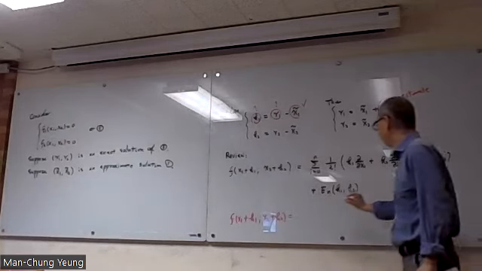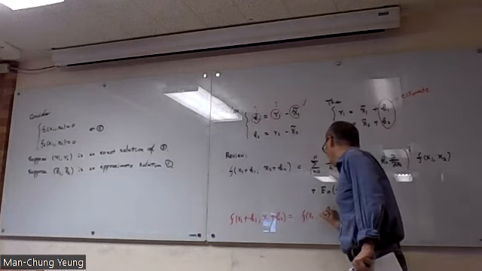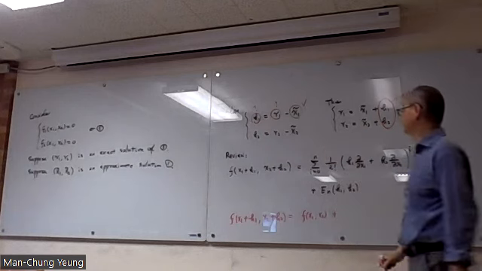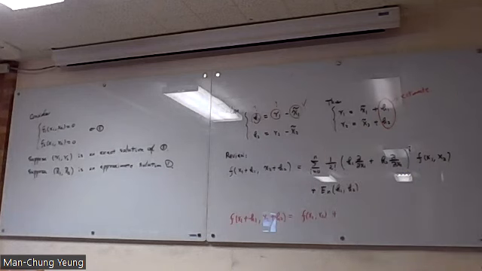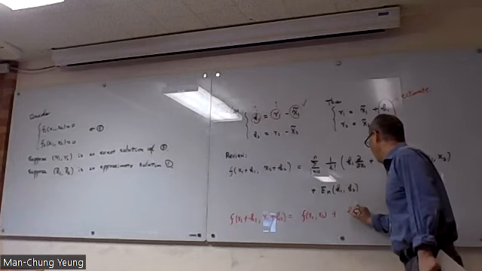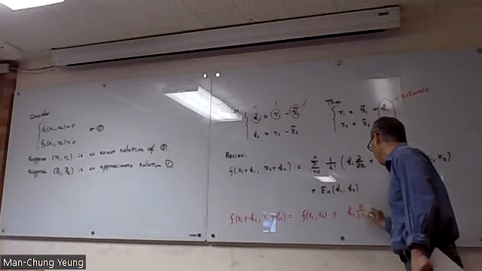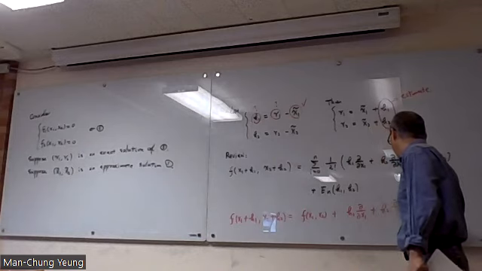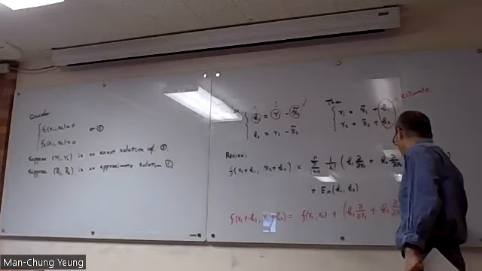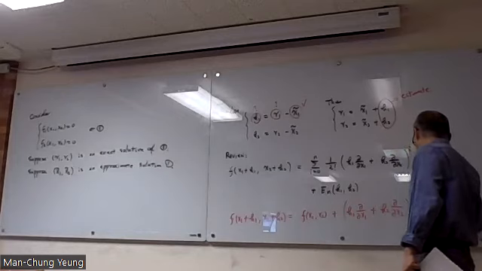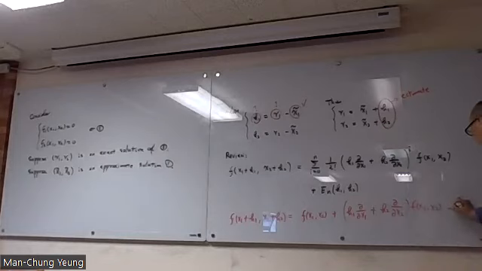I is 0, then f of x1, x2. And then plus i is 1, then we get h1 partial x1 plus h2 partial x2, applied to the function f, then plus the error term.